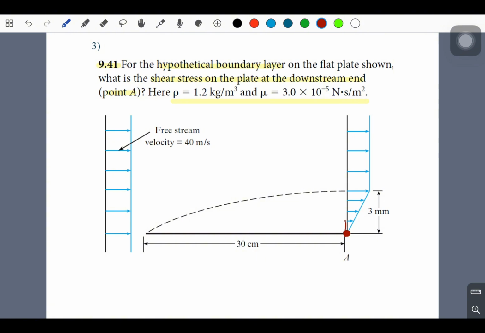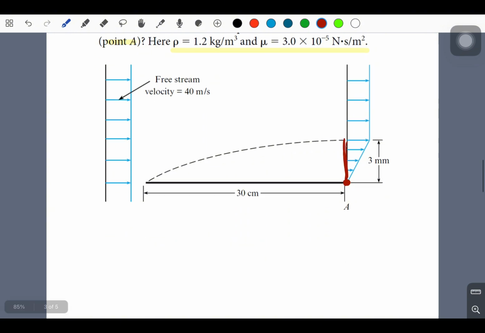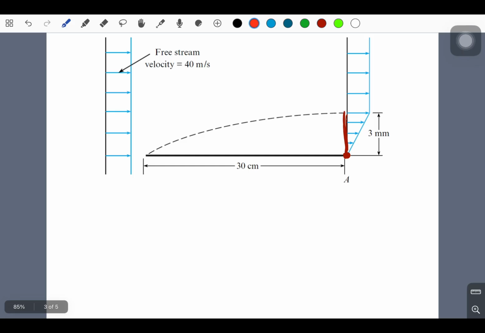So we need to consider conditions here. The shear stress is actually dynamic viscosity times the change of velocity relative to the thickness.